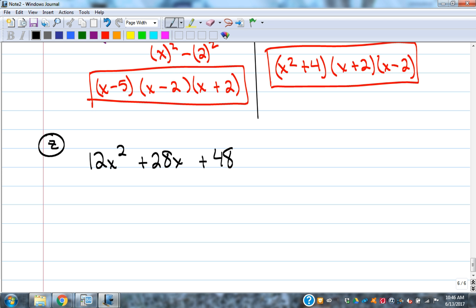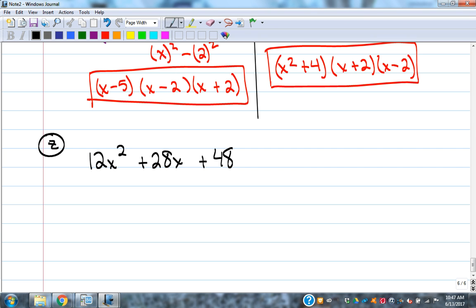So I still have to do GCF first. You just make it smaller. I just have to figure out the next number smaller than 12 that goes into 12, 28, and 48. So what numbers go into 12? 4 goes into it. Does 4 go into 28? Yes, 7 times, right?